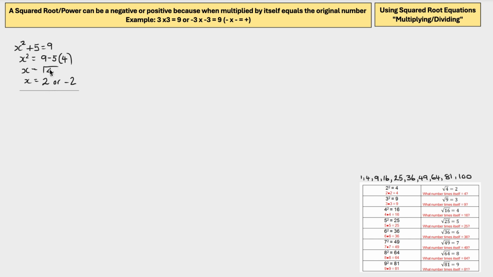Okay, so with this one, it's a bit of multiplying and then dividing. So let's get cracking. You've got x squared equals 4 divided by 9. So what we have to do, as I've said, is multiplying. We need to multiply this 9 with this 4 so we get the x squared on its own.